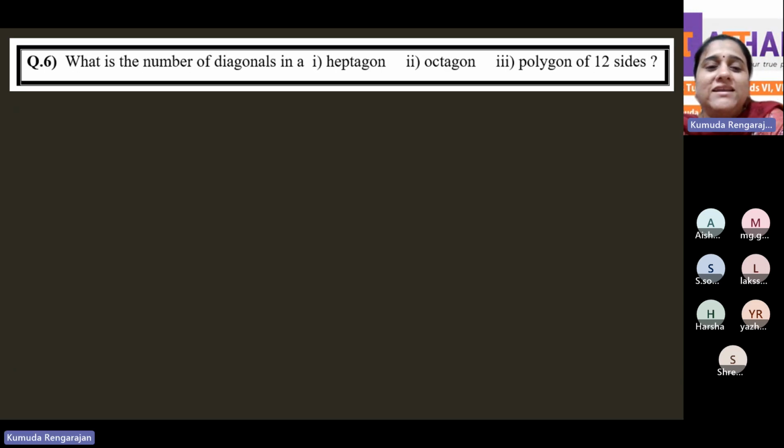What is the number of diagonals in a heptagon, octagon? What's the formula to find the number of diagonals in a polygon?